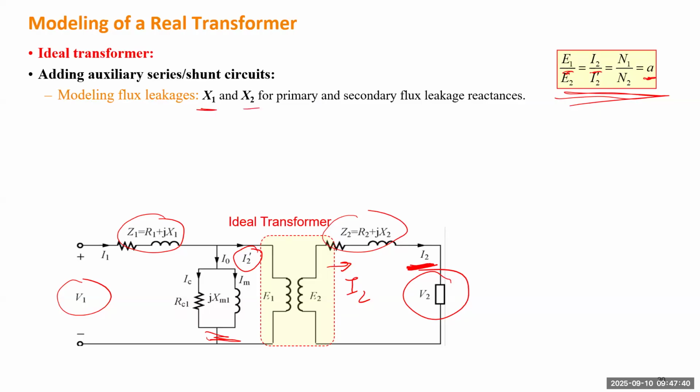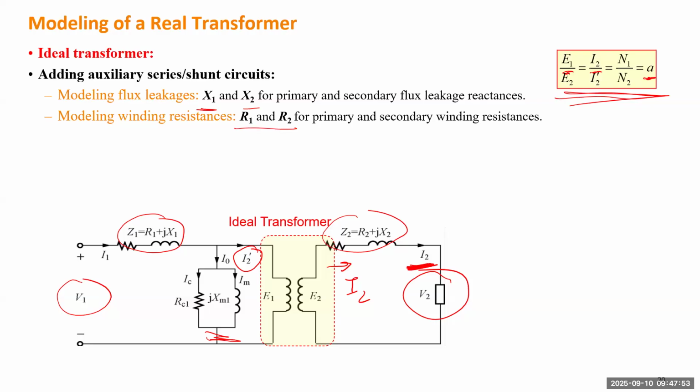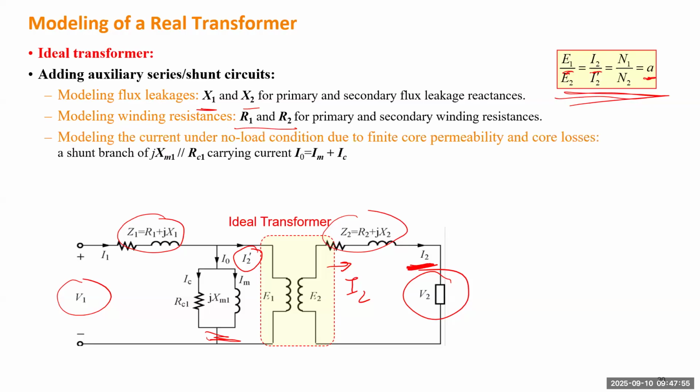First, we add X1, X2. They are modeling the flux leakages on both windings, primary and the secondary side. R1 and R2 are just the winding resistance. And next, we need to model the current under no load condition due to a finite core permeability and the core losses.